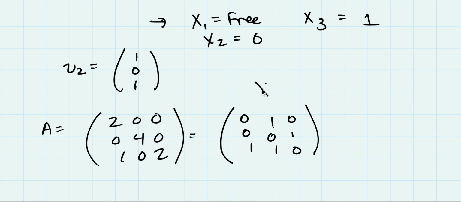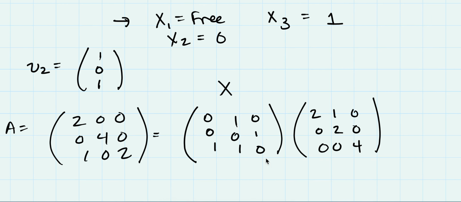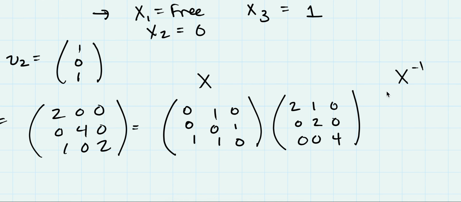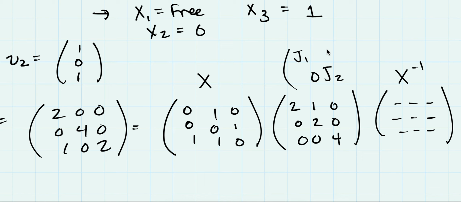This is my matrix X. My Jordan block is 2, 1, 2, 4. And then if I just figure out what the inverse of this is, you can do that calculation. You'll see that if you multiply these 3 matrices together, you'll get this matrix, and this one's almost diagonal. And that's just getting our feet wet when it comes to the Jordan canonical form.